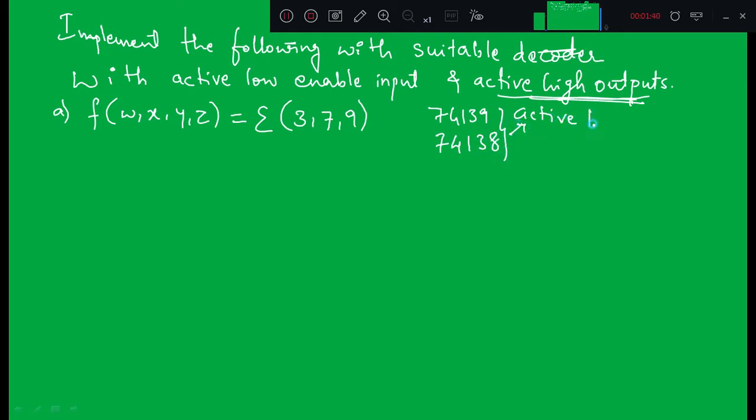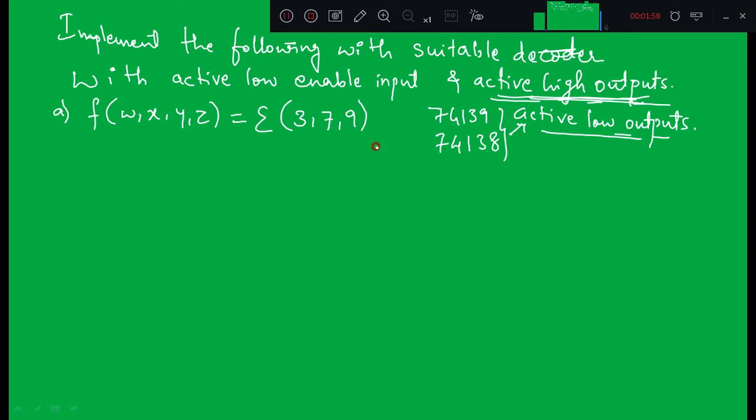Those have active low outputs, so I cannot use them for this particular design problem, because in the question you have to use active high outputs, right?